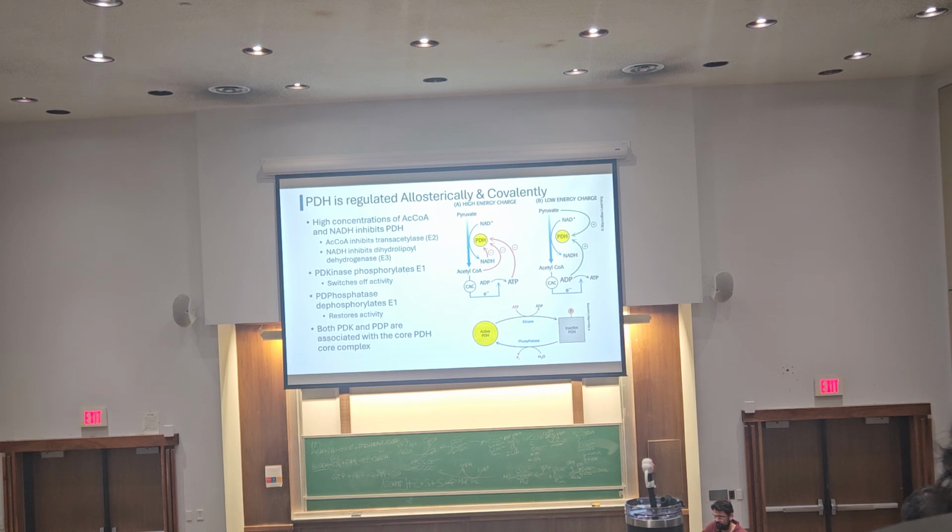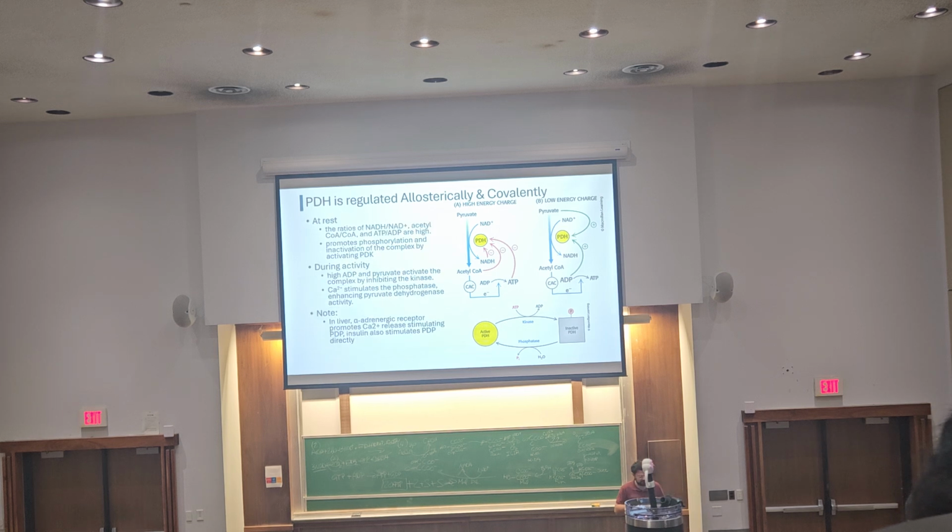Why? We want to produce more ATP, so we want it to be over here. So we don't want the kinase to be active, right? So now we have inactive PDH. We want to instead turn it into active PDH. So we want the phosphatase to be active. Okay. So when energy levels are low, we want the kinase to be inactive and the phosphatase to be active. So conversely, if ATP levels are high, which one do we want to be active? Kinase or phosphatase?